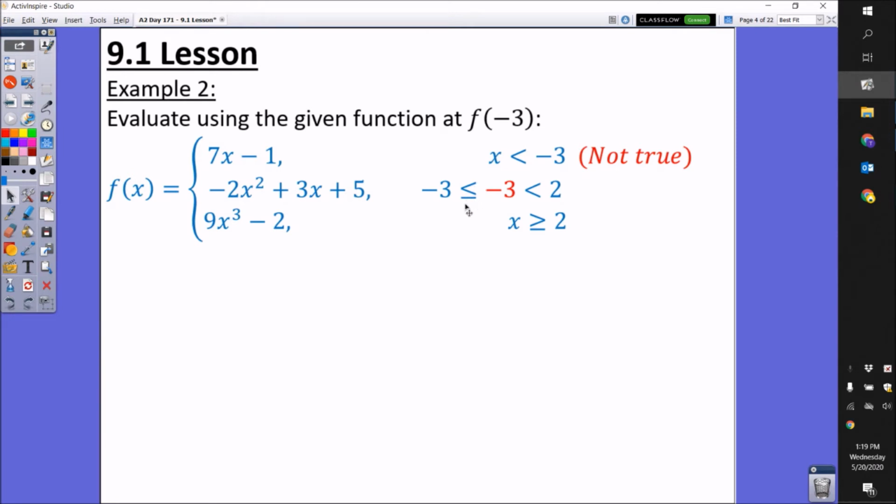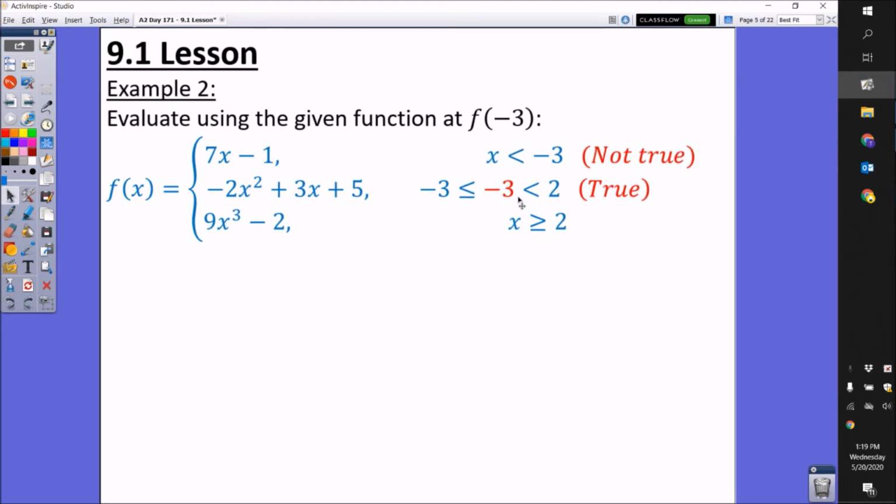Since it has that, we can say that negative 3 is equal to negative 3. That part is true. Then we have to read the other part of the condition, which you only do when you have two inequality signs. So negative 3 less than 2. We know that a negative is less than a positive number, so that statement is true. Therefore, the whole statement is true, and I'm going to deem this as true.